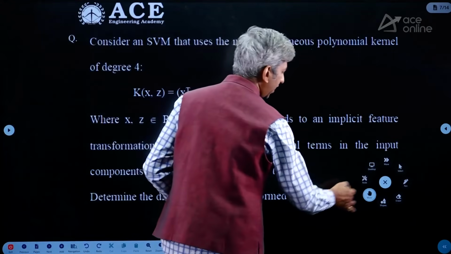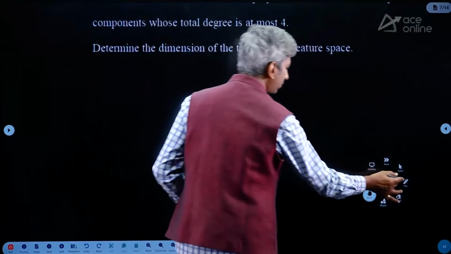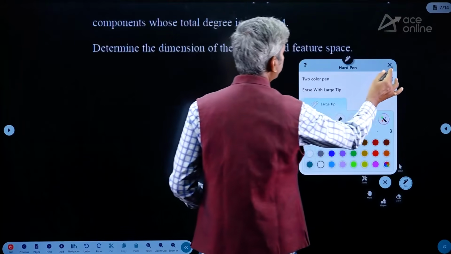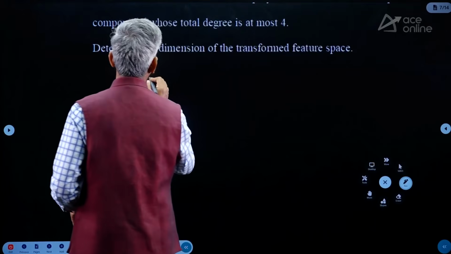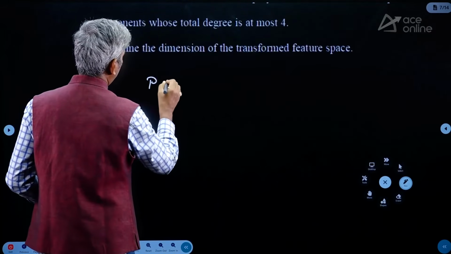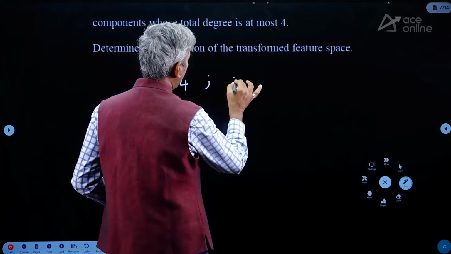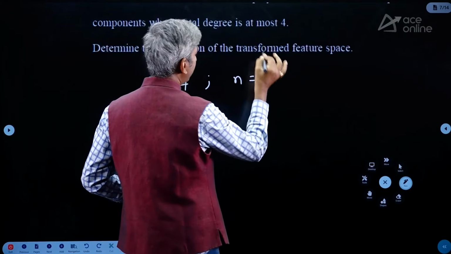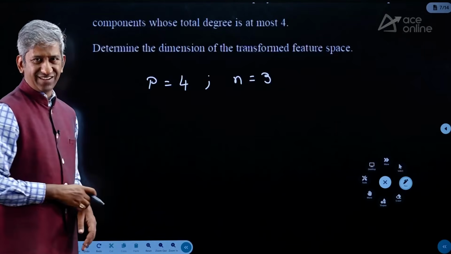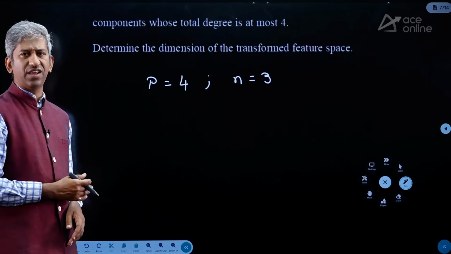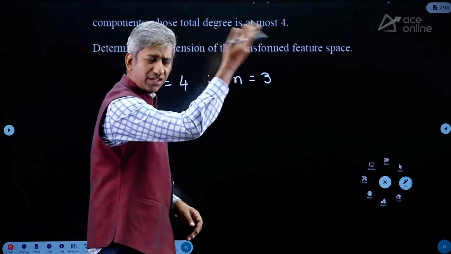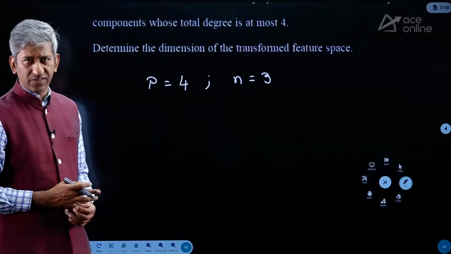So what I am taking here is the non-homogeneous polynomial kernel, order is 4, that is taken as P, and N, the initial number of features, is 3. What would be the transformed feature space size?